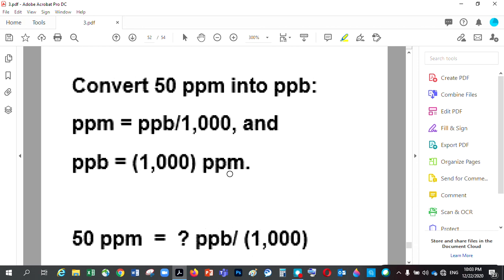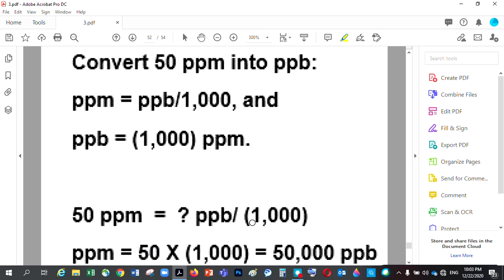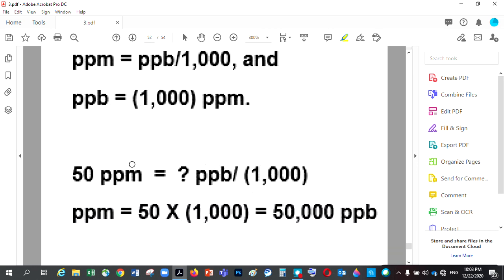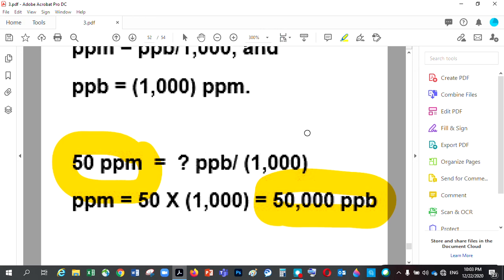So if you look at it like this, 50 parts per million is equal to 50,000 parts per billion.